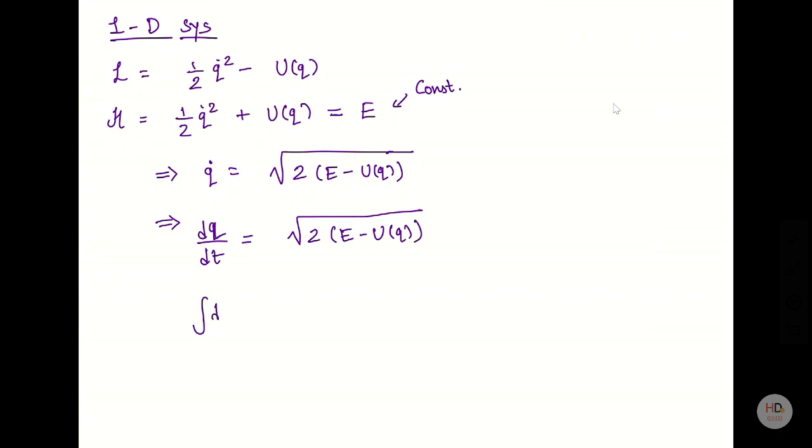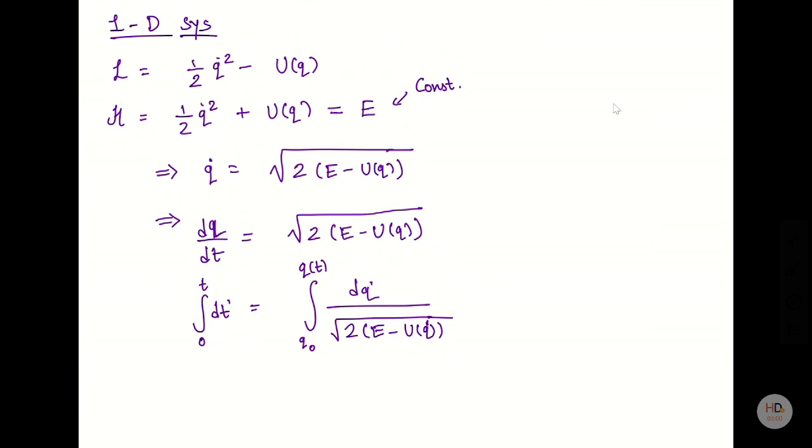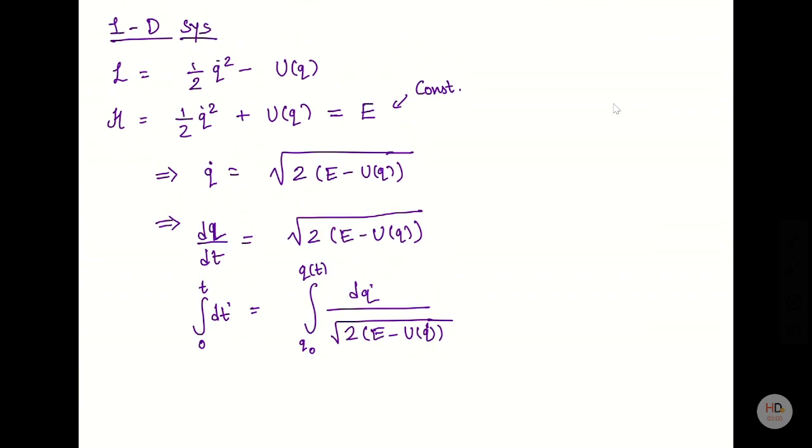So the integral of dt from 0 to t would be the integral of dq prime by square root of 2 times e minus u of q prime, from q0 to q of t. Just to mention, we should keep track of degrees of freedom and the number of constants that we can have.